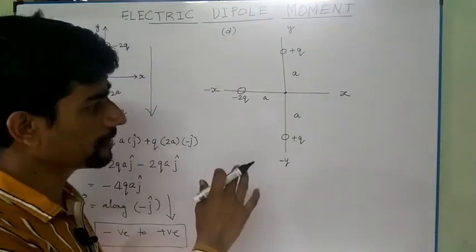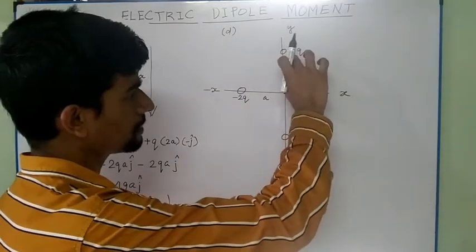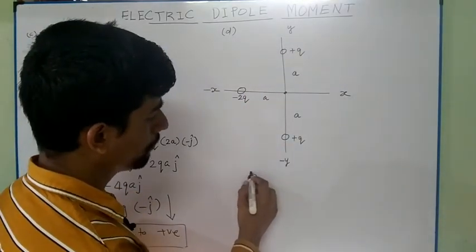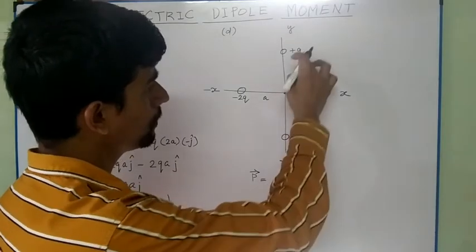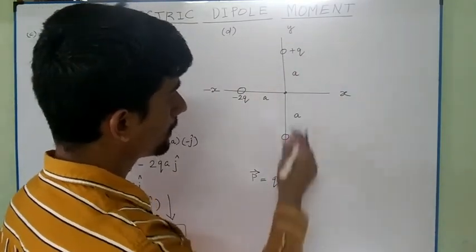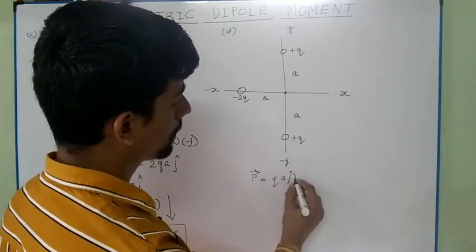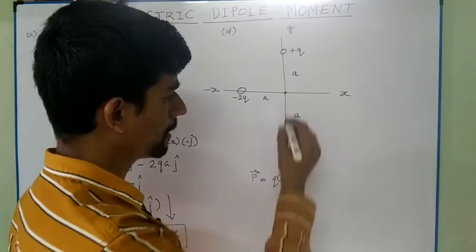So how to find the dipole moment for this configuration of charges? See, first let us take the same method. P vector is equal to q into a. It is along the positive y axis. So j cap q into a j cap.